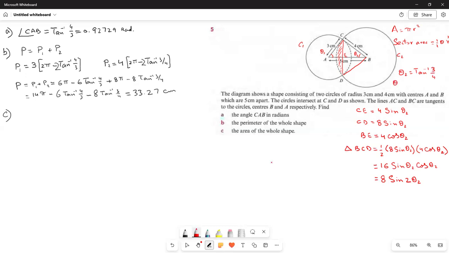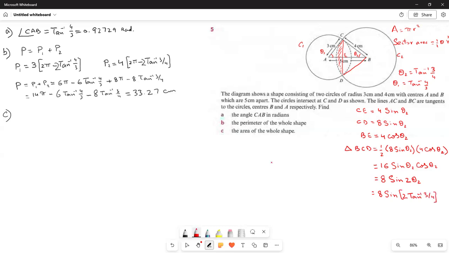And theta 1 was tangent inverse 4 by 3, CAB, that was 4 by 3, yes. So in this way, the area of the triangle BCD is going to be 8 times sine of 2 times theta 2, which is tangent inverse 3 by 4.